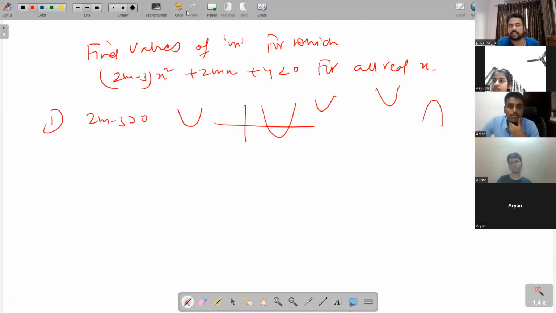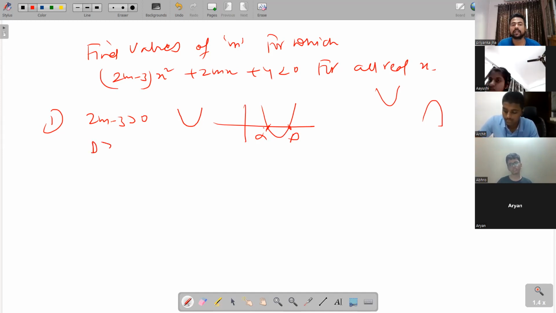Because it is lying above the x-axis. So the graph has to be like this, so that this portion is between the roots, and the roots have to be real. So between the roots, the graph will lie below the x-axis. So in this case, we can have this quadratic negative, right?